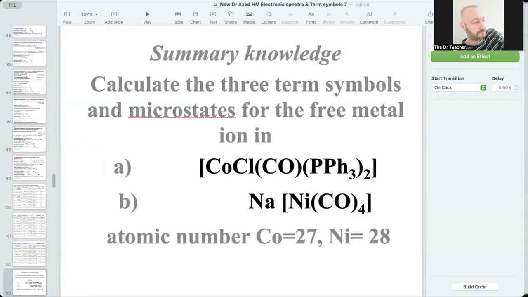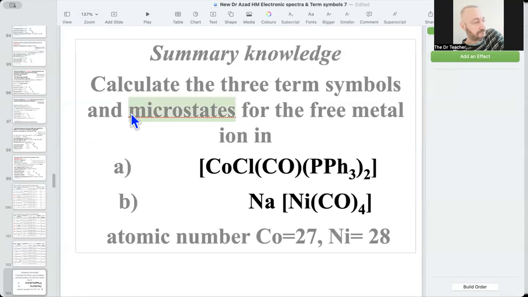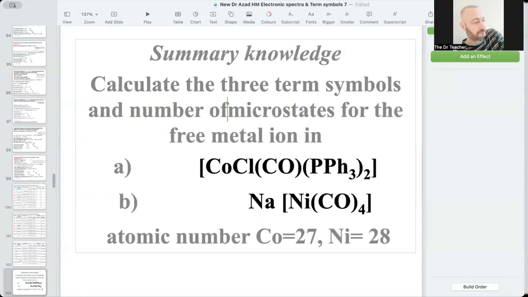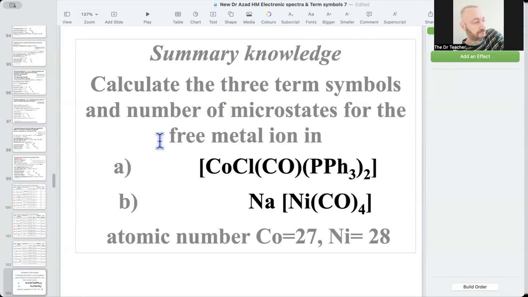Summary knowledge. Calculate the term symbols and the number of microstates for the free metal ion in cobalt and nickel. So now what you do, you will calculate depending on the oxidation number.